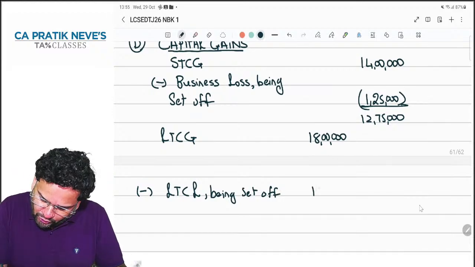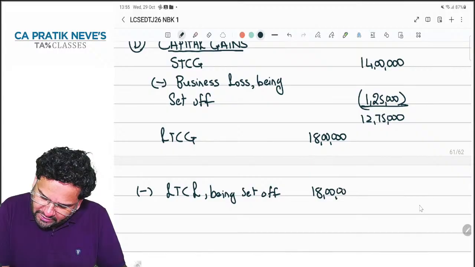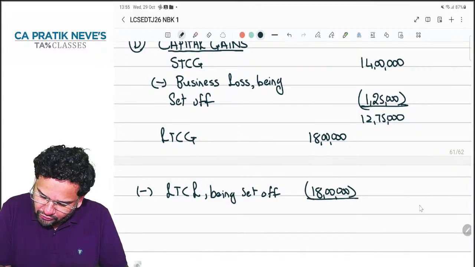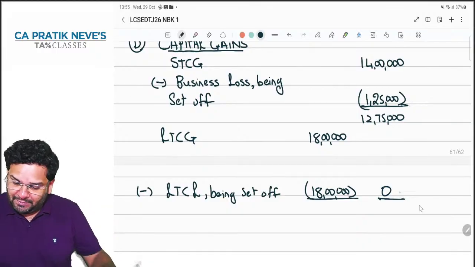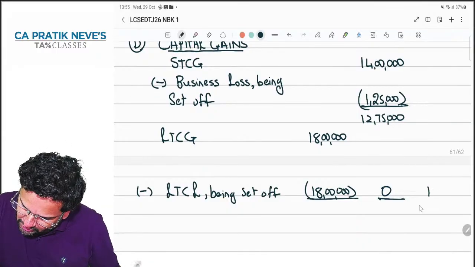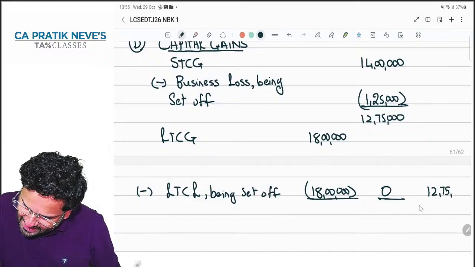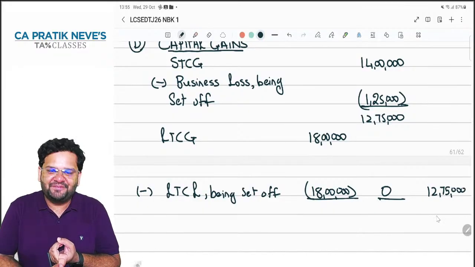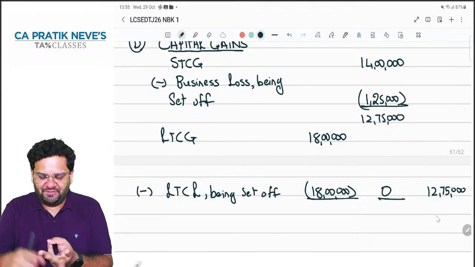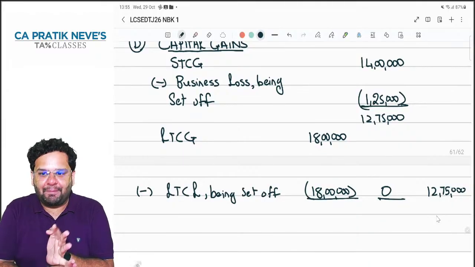That is of 20 lakhs, but you need only 18 lakhs. Set it off, you will get 0. So finally, taxable capital gain in the third column is 12,75,000. So salary done, HP done, PGBP done, capital gains done.